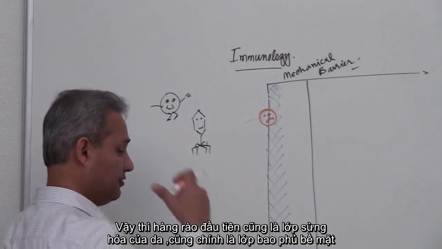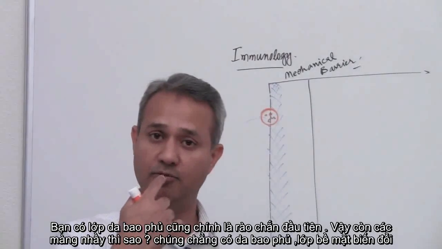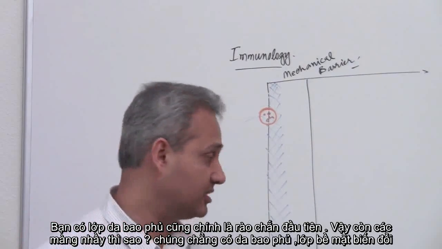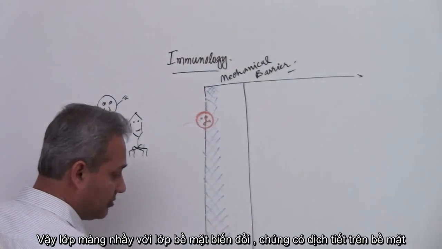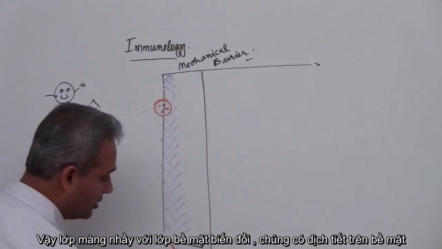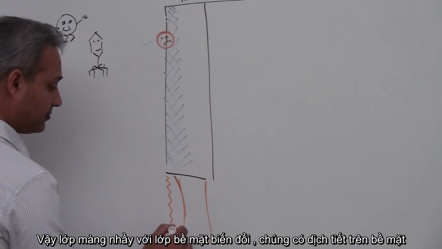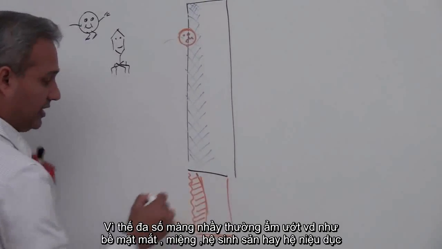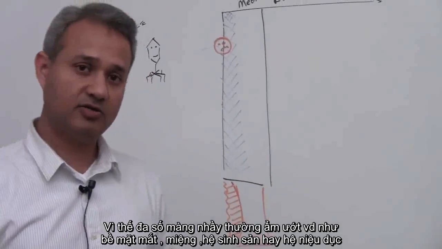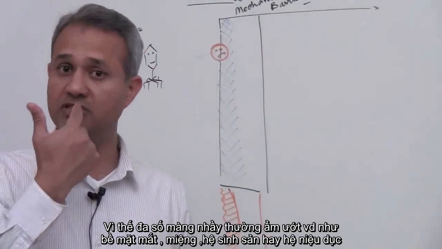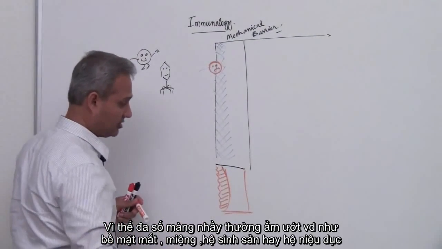Now if you say, well, you have the skin and that has a mechanical barrier, but how about the mucous membranes? They do not have any skin on them, or they have modified surfaces. So the mucous membranes with the modified surfaces, they have secretions in front of them. Most of the mucous membranes are wet, they're moist. So for example, eye surfaces or the GIT surfaces or the reproductive system surfaces or the urogenital system surfaces.